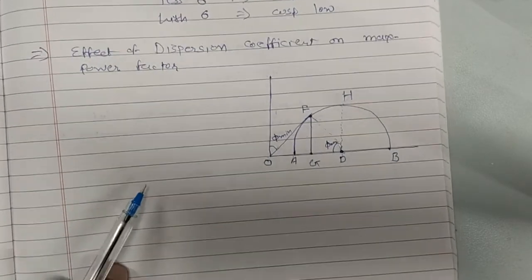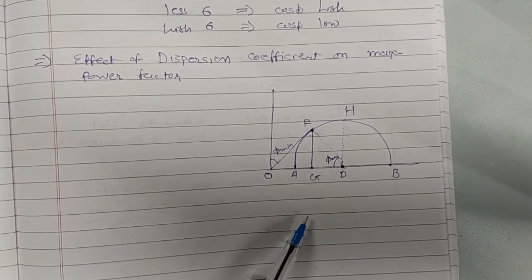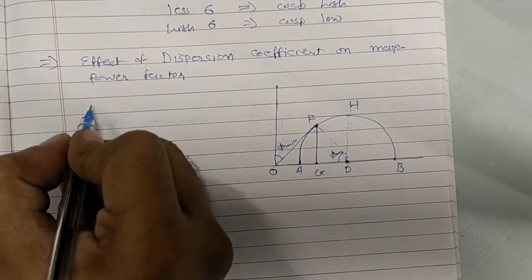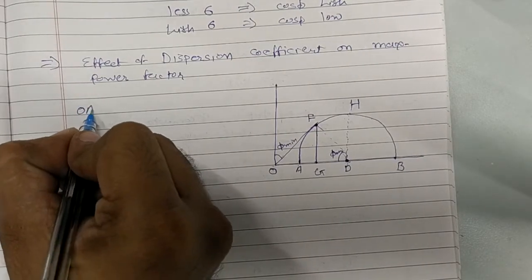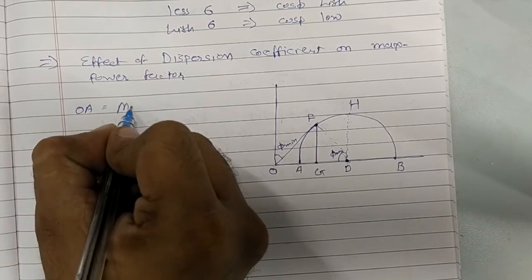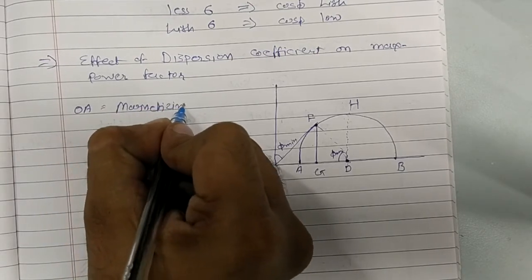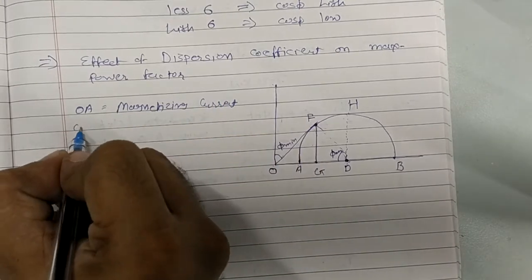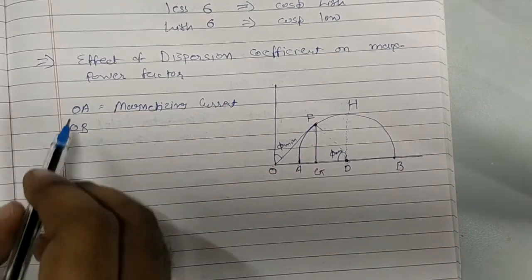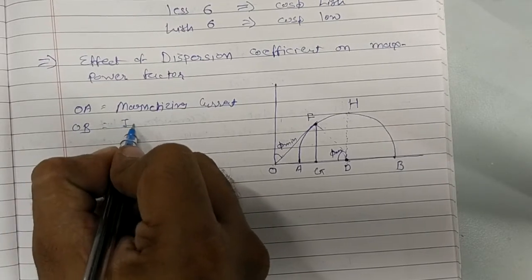Now from this circle diagram, let us indicate the parameters which we are going to use. Over here, OA is the magnetizing current. OB is the ideal short circuit current.